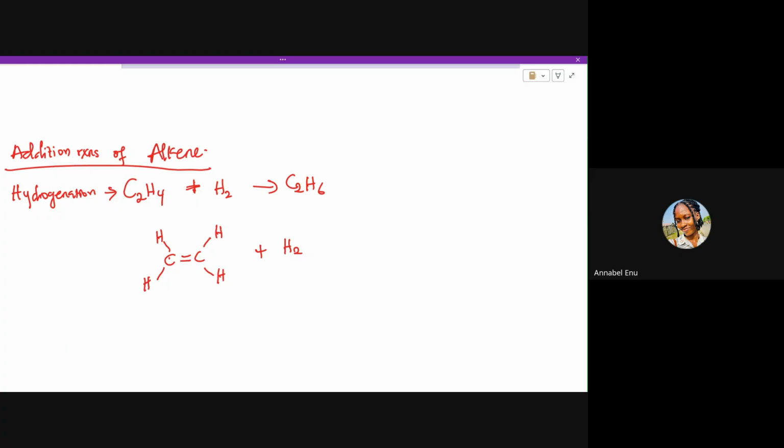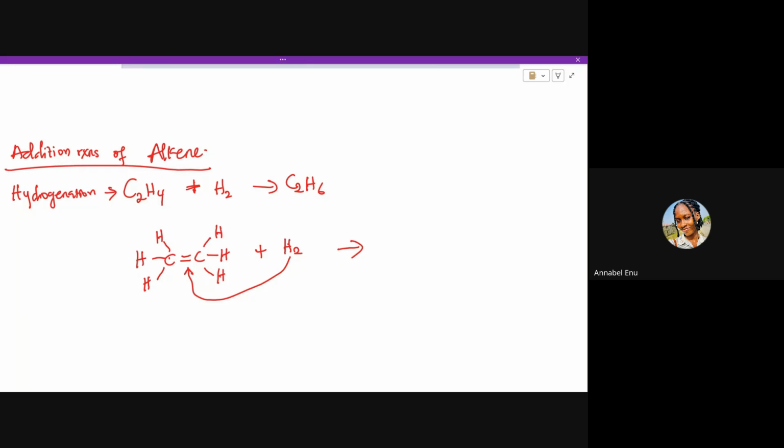So what happens is this hydrogen comes and it breaks this double bond. When it breaks that double bond, it now makes it spread out to be a single bond. So one of the hydrogens is coming to meet one of the carbons, and the other hydrogen will come and meet the other.